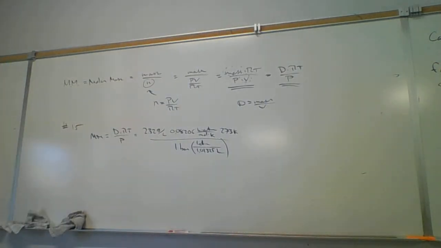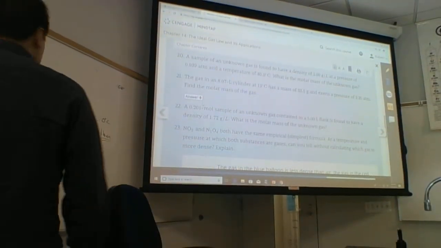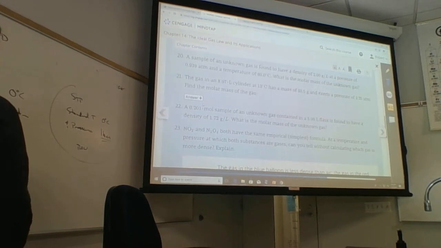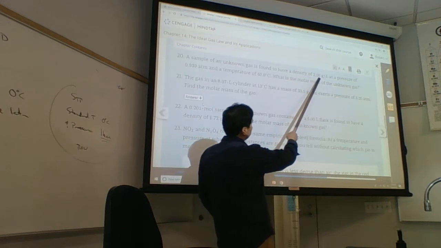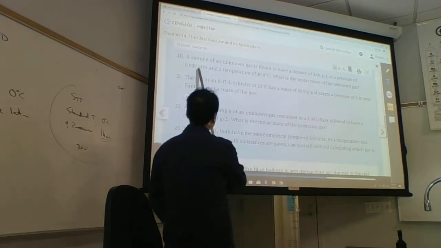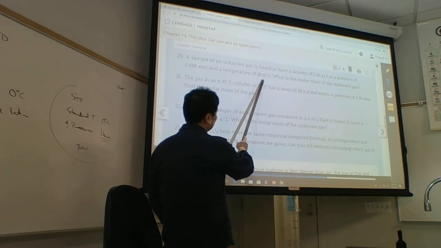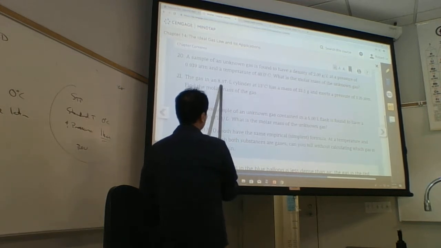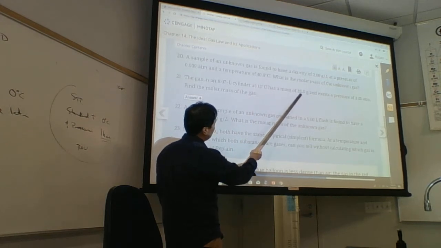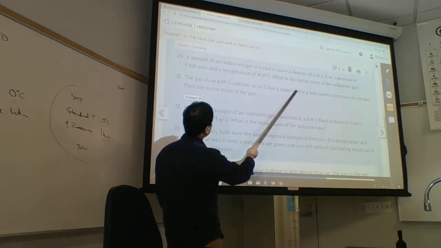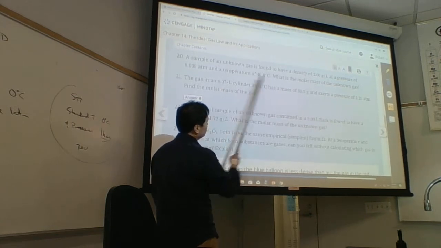You can see some other examples of that. A sample of an unknown gas is found to have a density 2.00 grams per liter at a pressure of 0.939 atmospheres, and I guess we already looked at that one. The gas in an 8.07 liter cylinder at 13 degrees C has a mass of 33.5 grams. So we have the mass, we have the volume, and so we know the density.